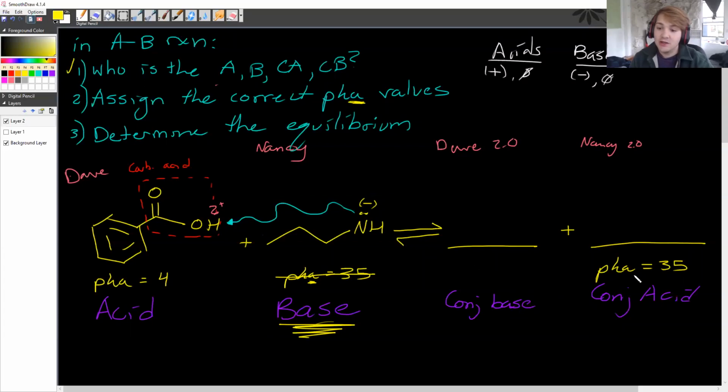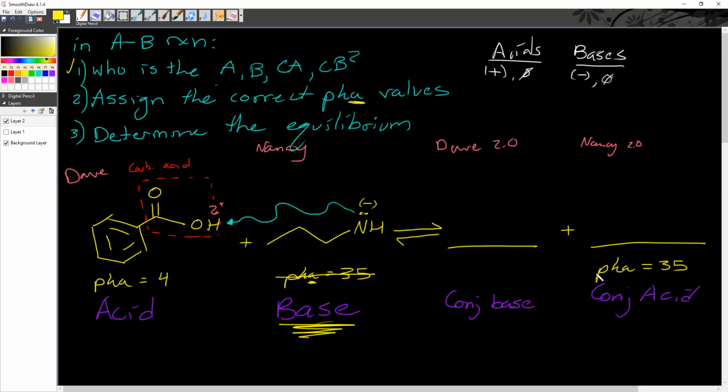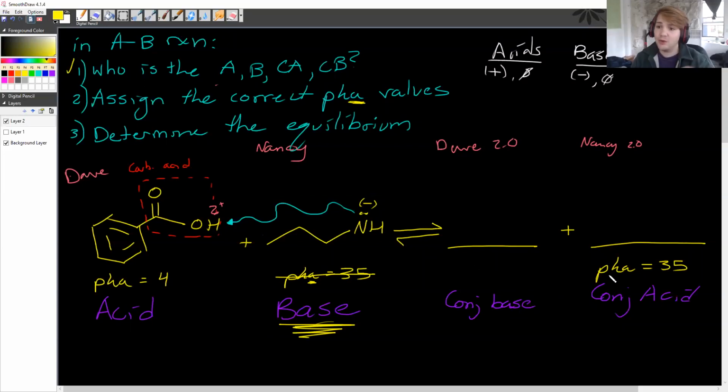Very good question. There are certain pKa values you have to memorize for your exam. If we look at what the structure is going to be, we know that Nancy is going to pick up this other hydrogen, and it's going to turn into an NH2 group.